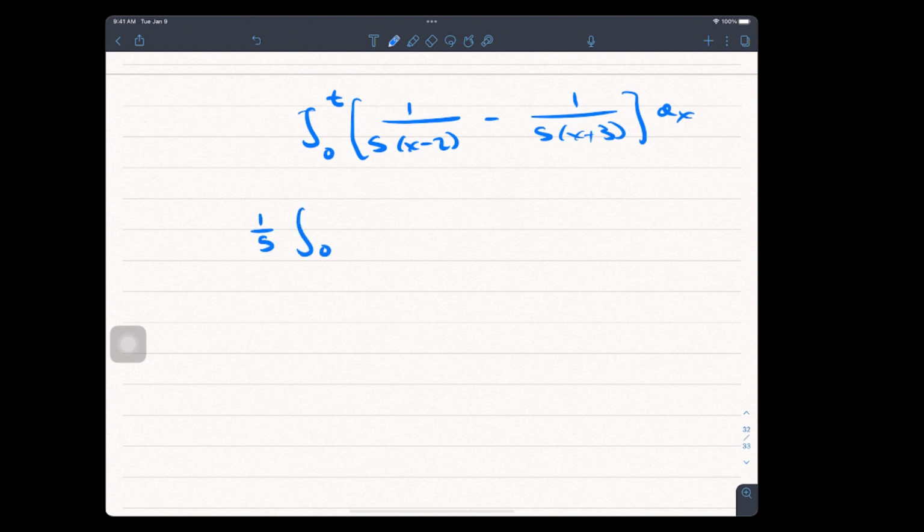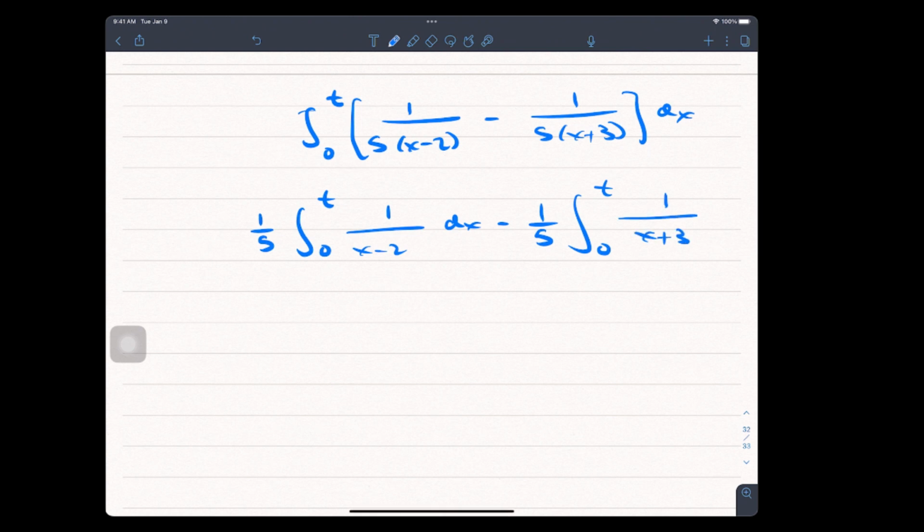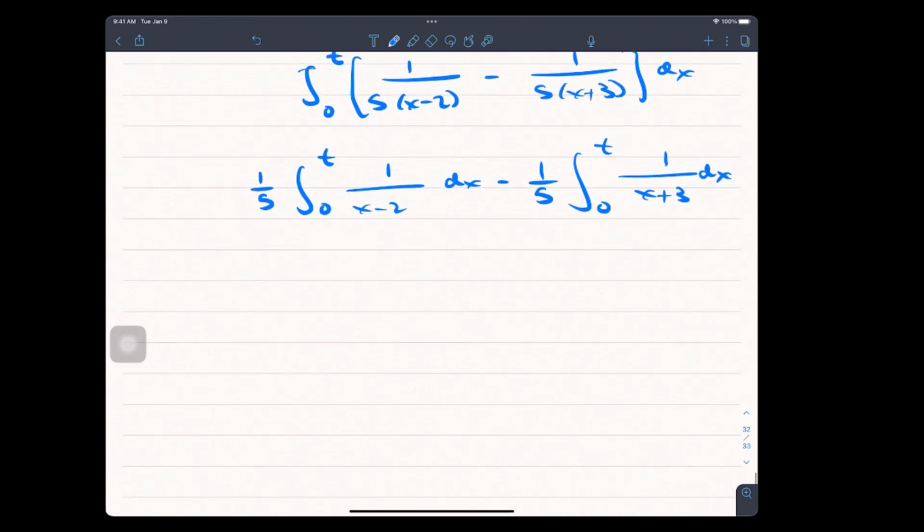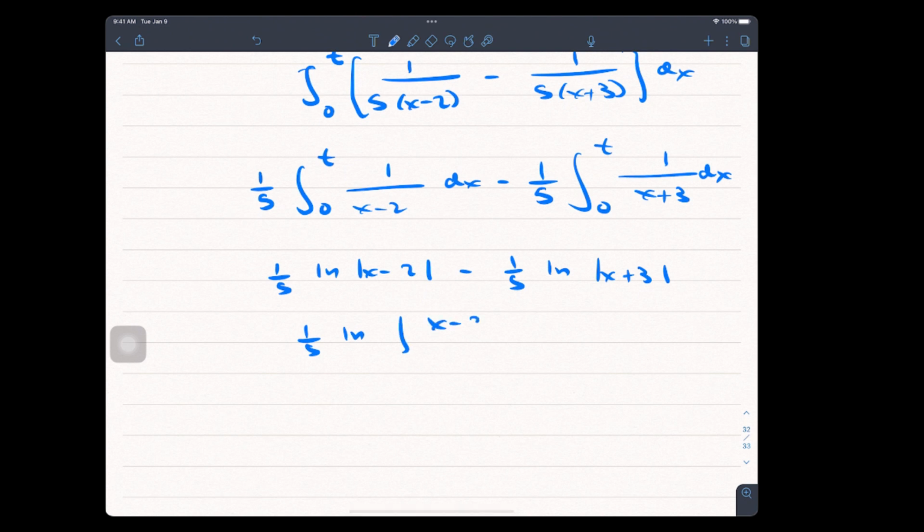You're going to integrate 0 to t 1 over x minus 2 dx, 1/5 integral 0 to t 1 over x plus 3 dx. 1/5 natural log absolute value x minus 2 minus 1/5 natural log absolute value x plus 3 here, which is 1/5 natural log absolute value x minus 2 over x plus 3. And you evaluate that from 0 to t.